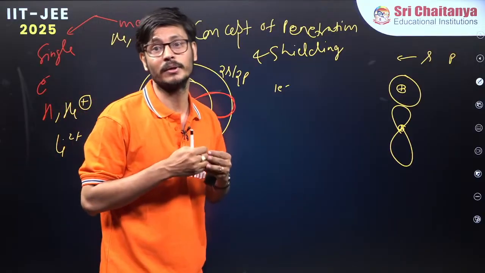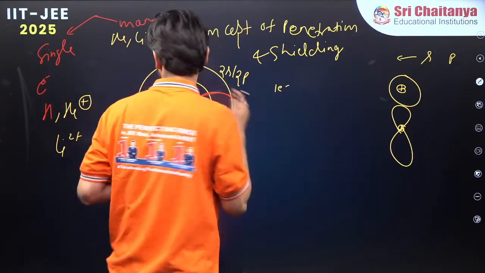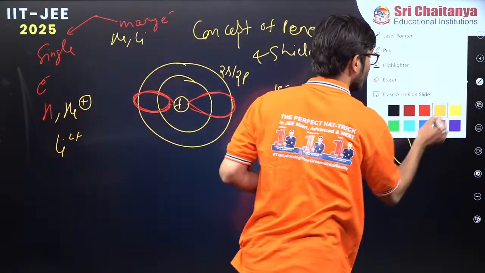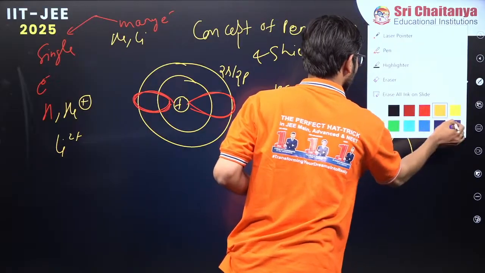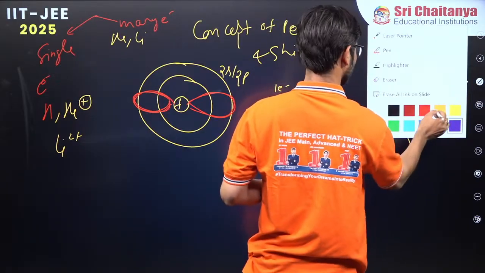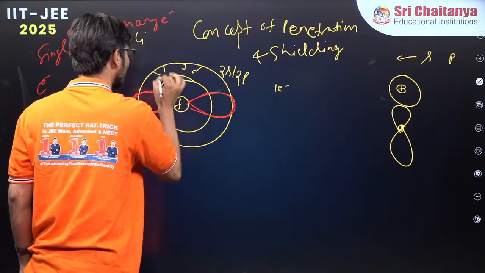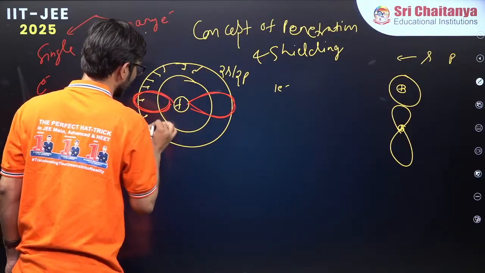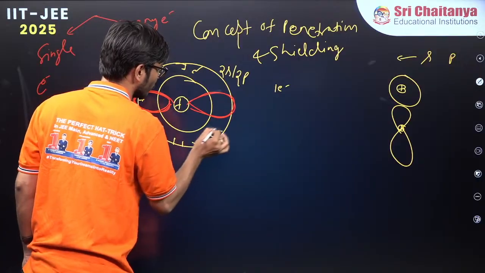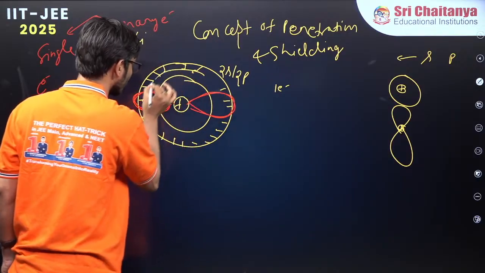Penetration will start to happen. Because the S orbital has more attraction, it will come closer to the nucleus.